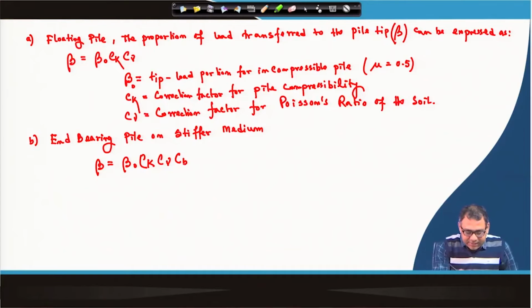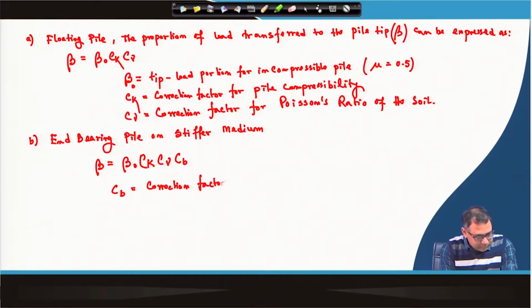So, the C k and C nu are the same as we have discussed for the floating pile, but C b is introduced. What is C b? C b is the correction factor for stiffness of bearing strata.